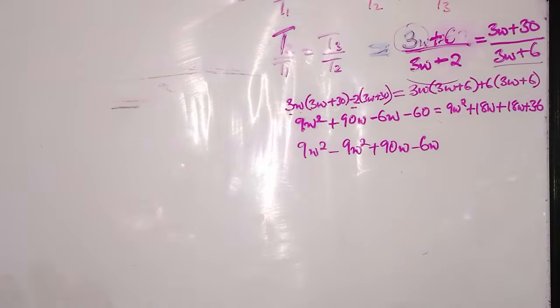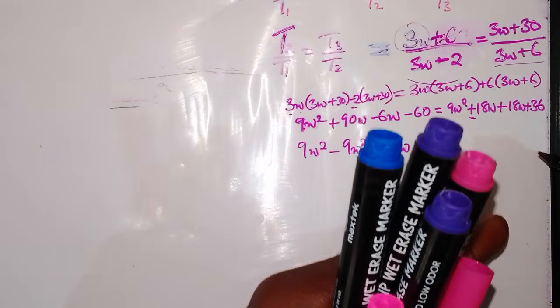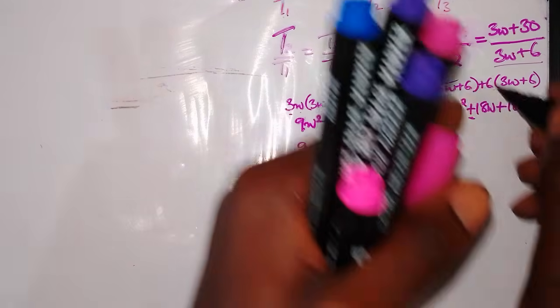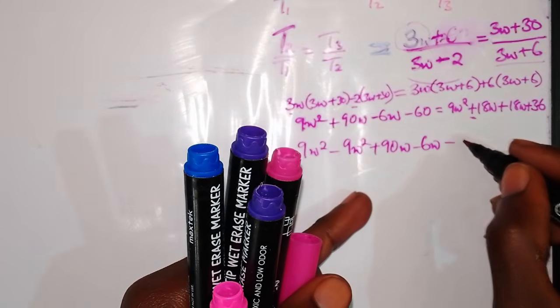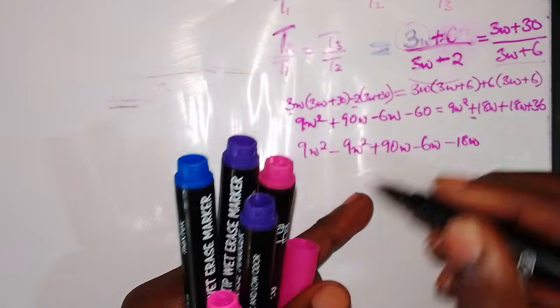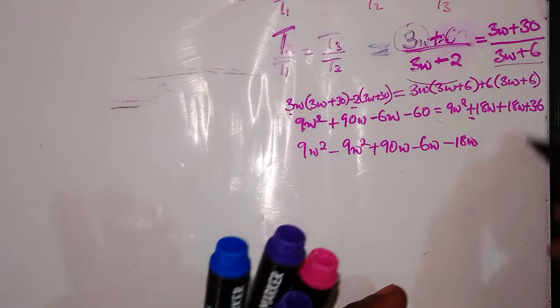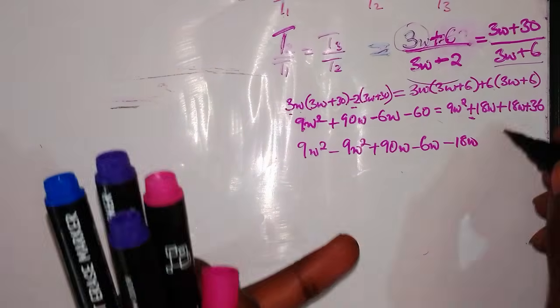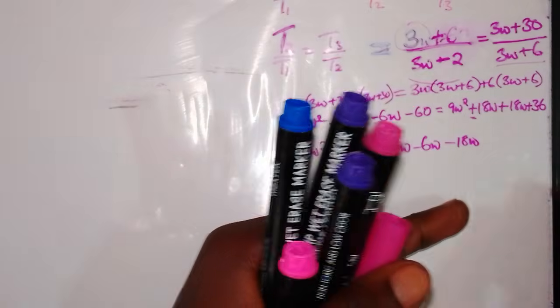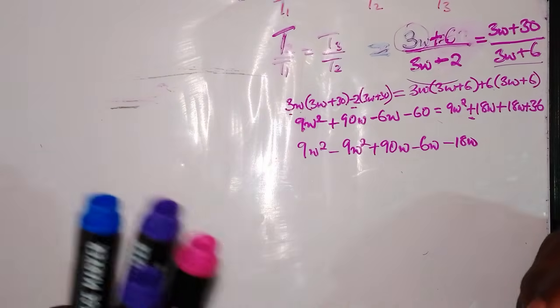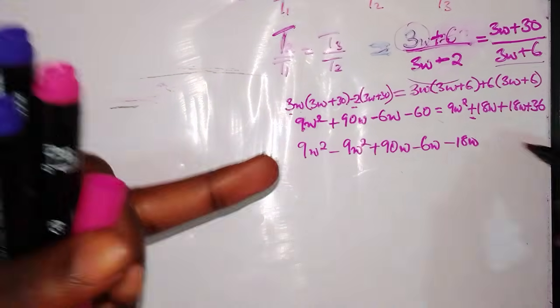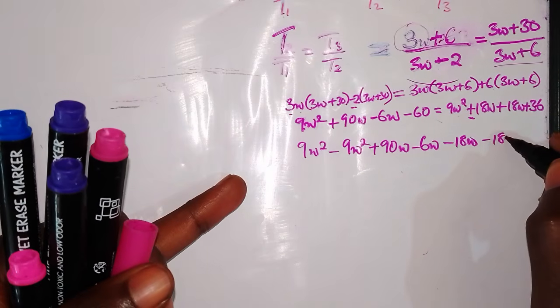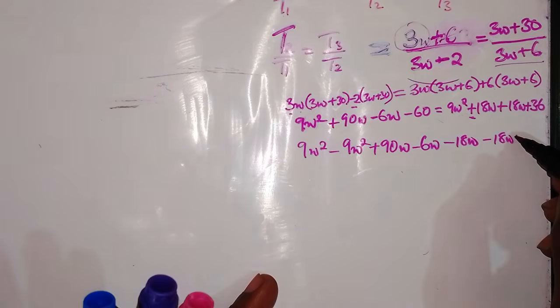Since 18W is positive on this side, once it crosses, it becomes negative 18W. Then the next thing is negative 18W again, and if it crosses the sign, it becomes negative 18W. Then you say equals.